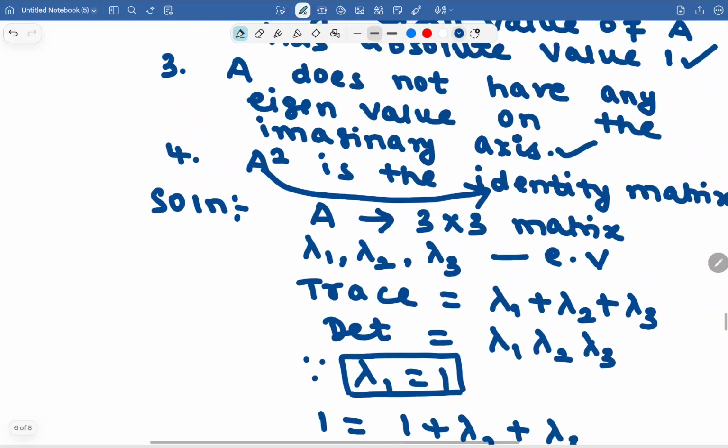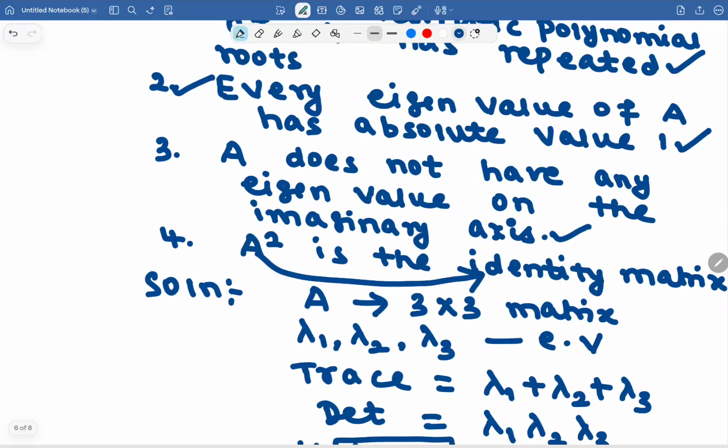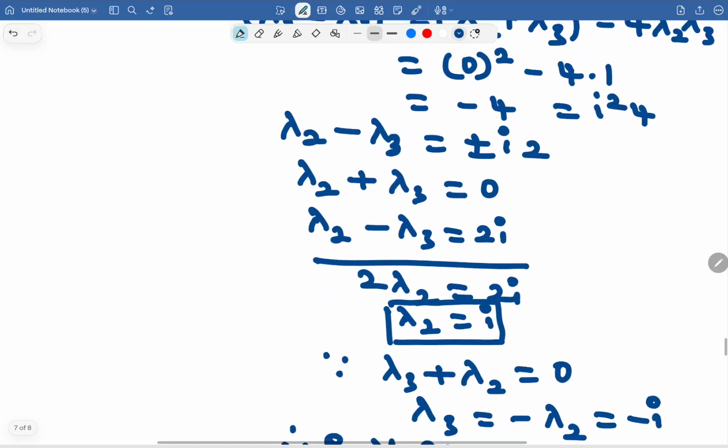For this problem, option 2 is the correct option.